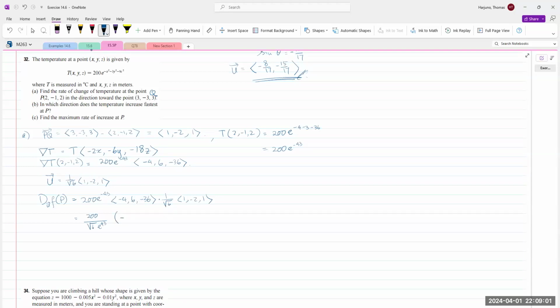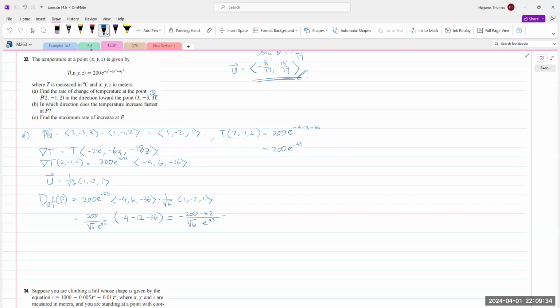So I get negative 4 minus 12 minus 36, that gives me negative 52. So that's negative 200 times 52 over square root of 6 e to the 43.